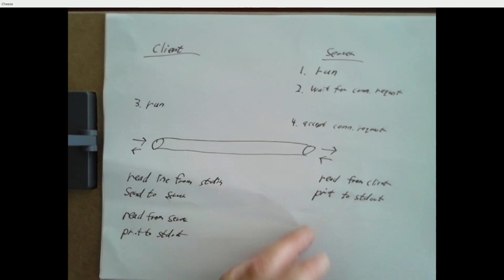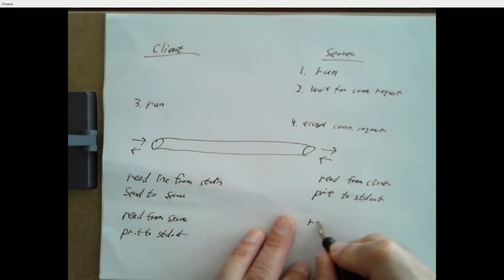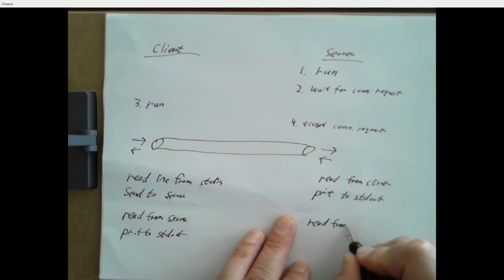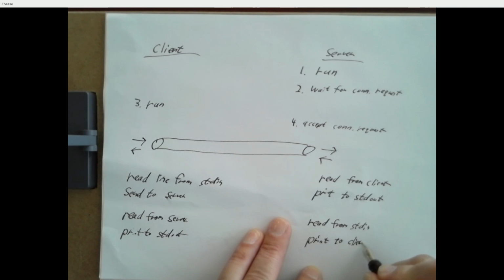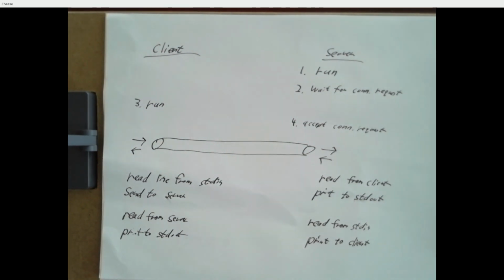Over here we read from the client, print to standard out, then read from standard in and print to the client. So now each side can type, hit enter, and the other side will show it. But there's a problem with this.